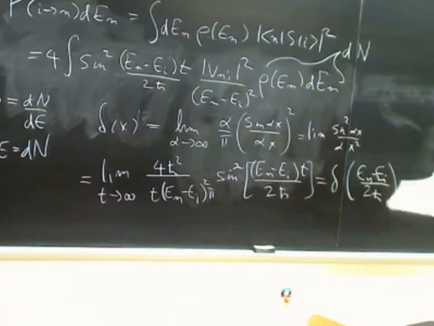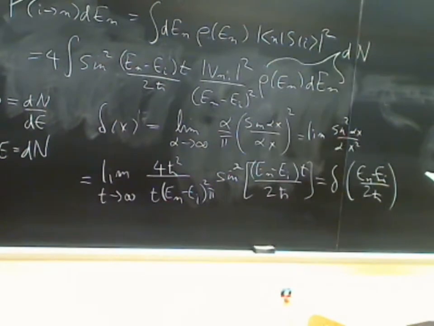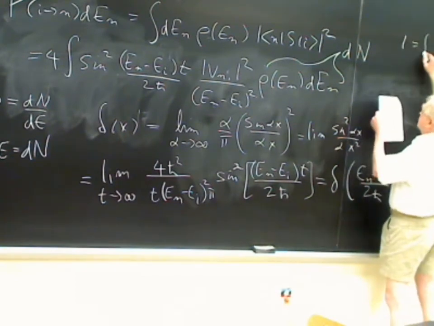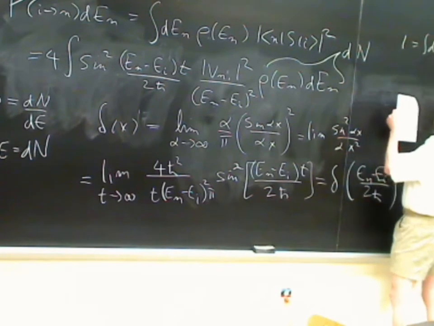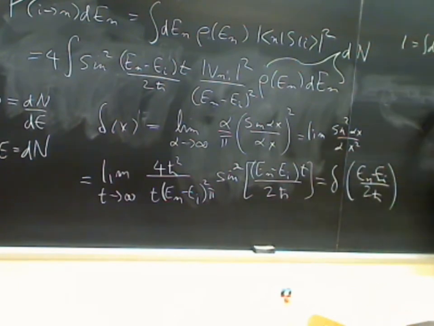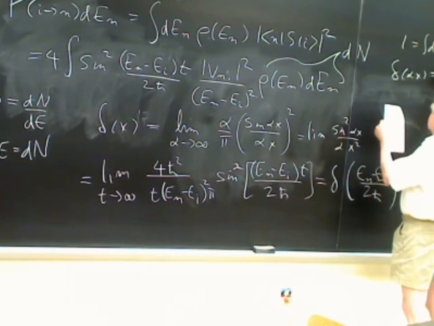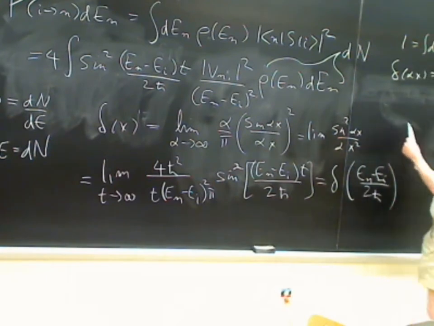So if we keep track of all of those terms, and we keep in mind that 1 is equal to the integral dx alpha delta of alpha x, which is equal to alpha integral dx delta of alpha x, which is also equal to the integral of dx delta x, we see that delta of alpha x is 1 over alpha delta of x.